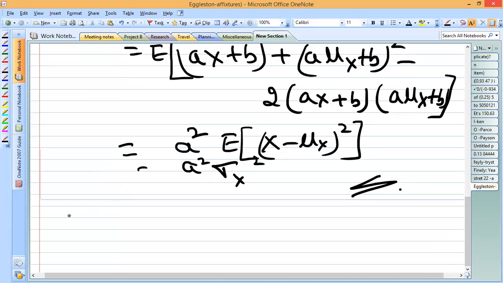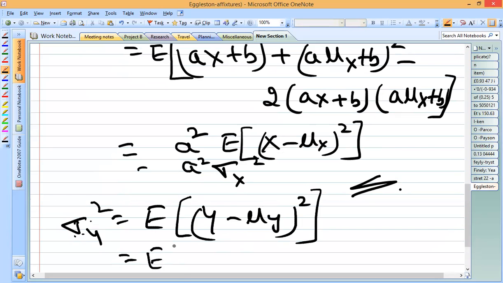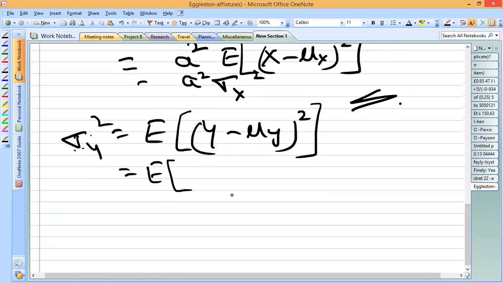In the alternate method, sigma y square is equal to the expectation of y minus mu y whole square. Instead of expanding this, within the bracket you can substitute the transformation function as well as the mean of the random variable y, and then expand the square. Here we have y as ax plus b and mu y as a mu x plus b.